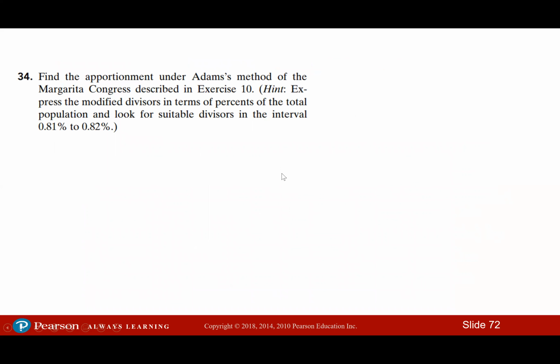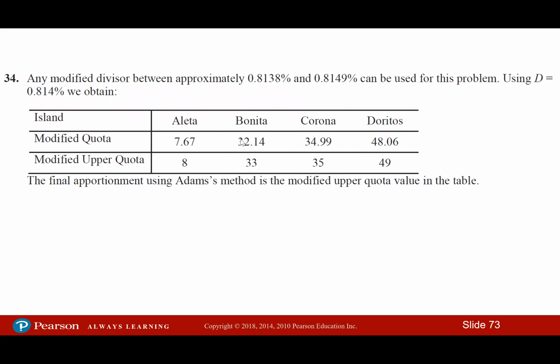So some homework questions very similar to it. Make the apportionment under Adams' method of the Margarita Congress. And again, notice that in the homework here, you are redoing a lot of exercises from previous data you have already done before. And remember the Margarita Congress is a percentage formula, right?